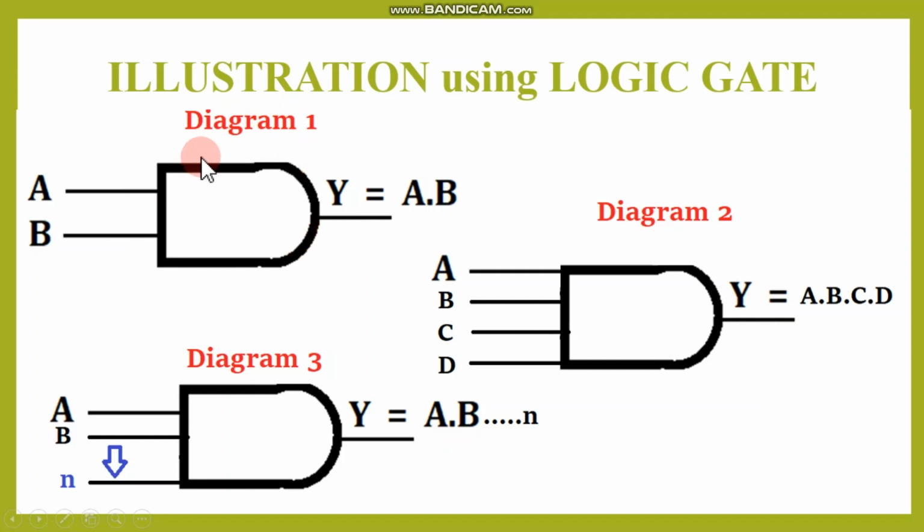See, in diagram 1 you have two inputs, in diagram 2 you have four inputs, but both diagram 1 and diagram 2 have only one output terminal, that is represented by the term Y.